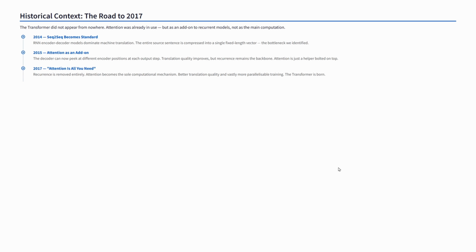The results were striking: better translation quality and vastly faster training. So the paradigm shift was not about inventing attention. Attention had existed for 2 years before the transformer. The shift was removing the recurrence and making attention do all the work. That's the move that changed everything.